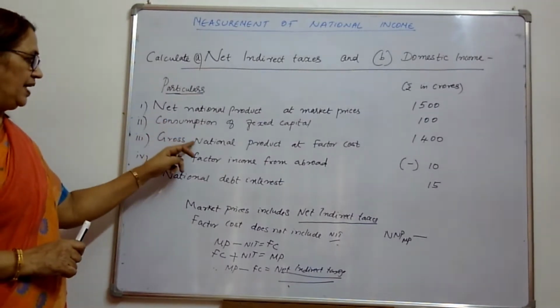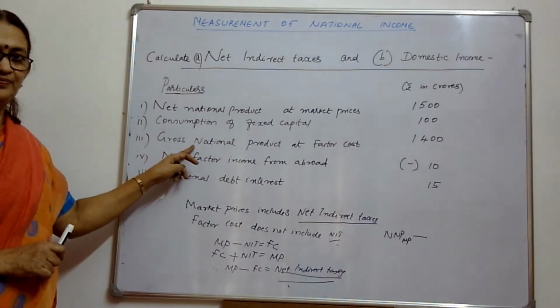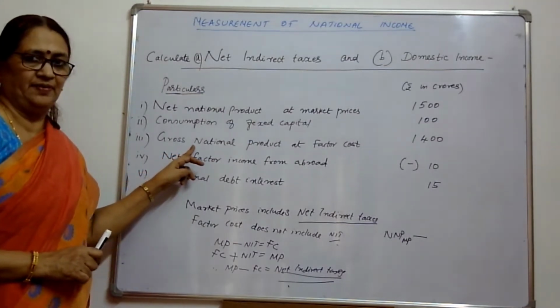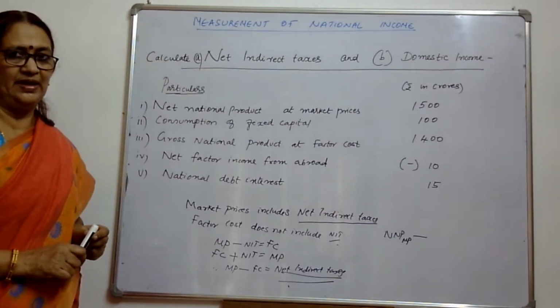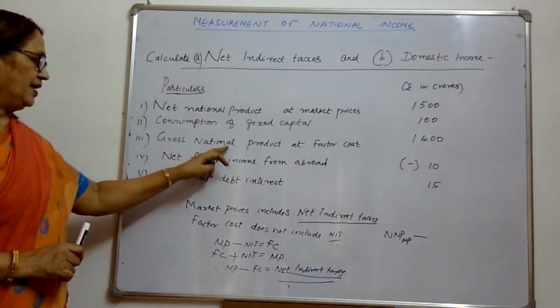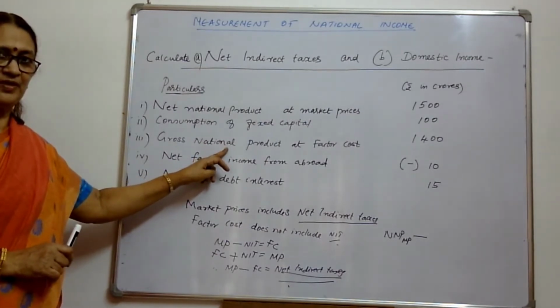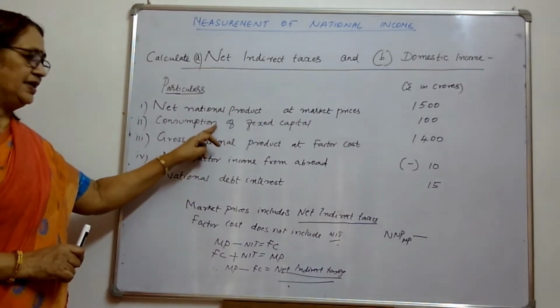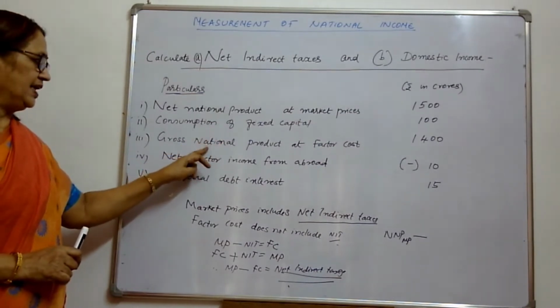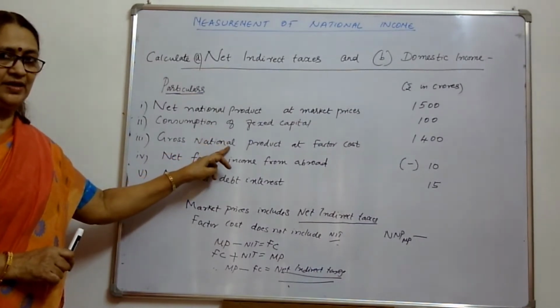Is NNP at factor cost given? It is not given. So how can we calculate NNP at factor cost? GNP at factor cost is given. From that, when we deduct depreciation, consumption of fixed capital, we will get NNP at factor cost.